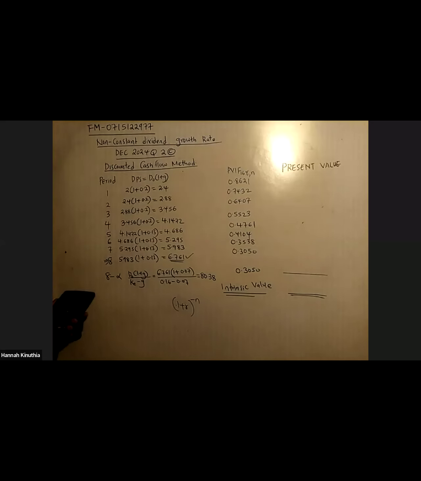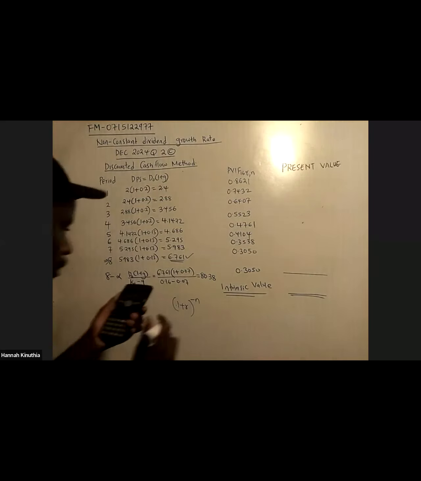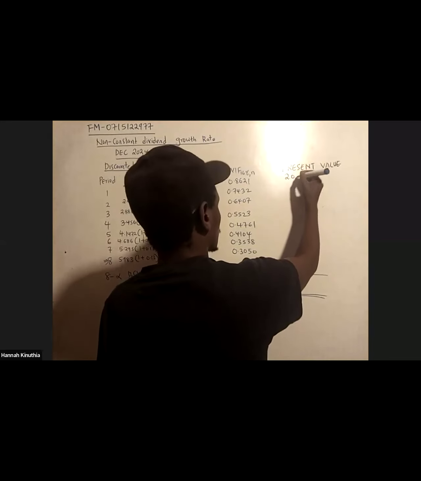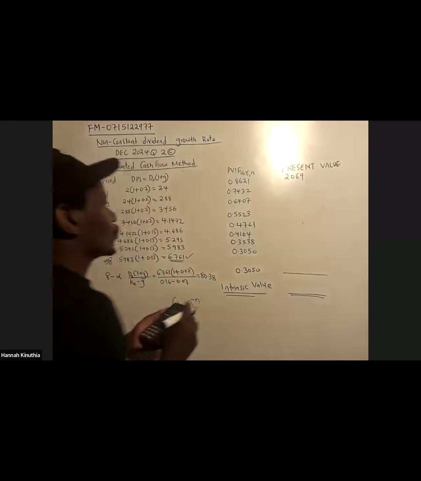So let us find it. First, 2.4 times 0.8621 is equal to 2.069, so we can do two decimal places.